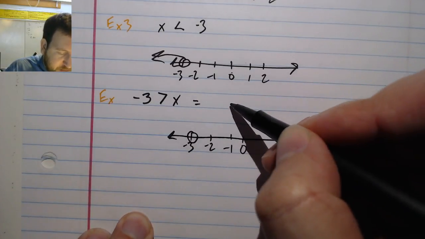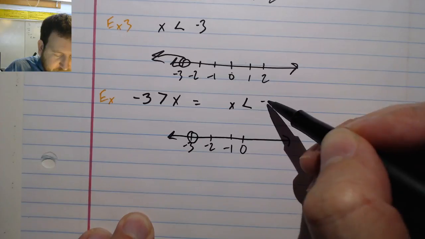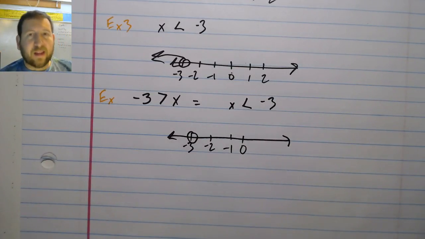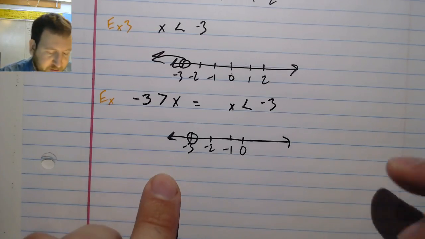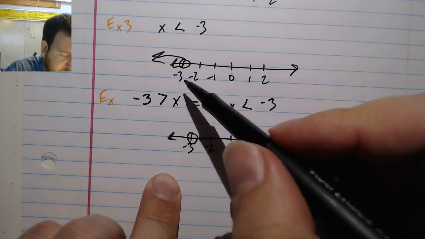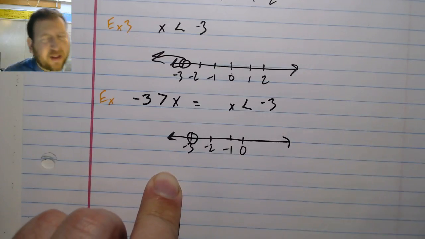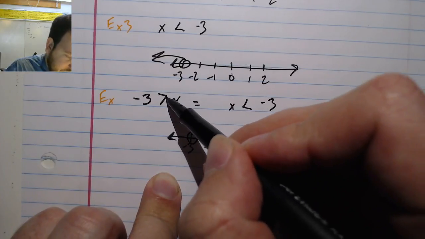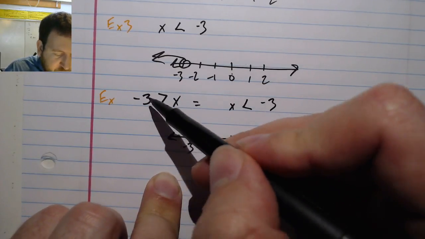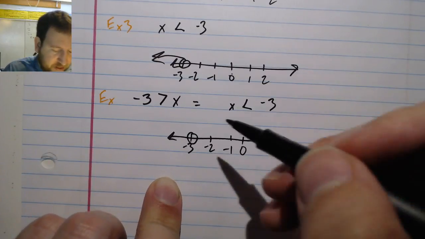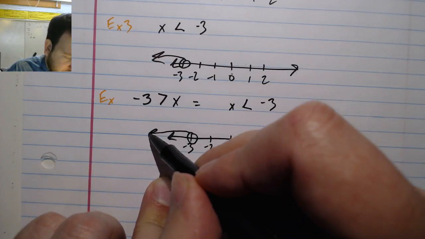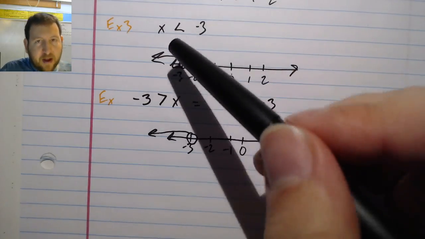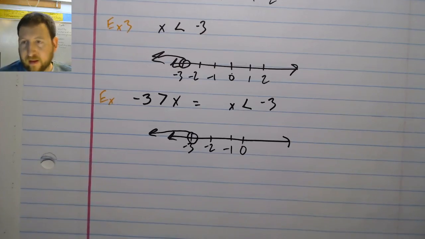So I can also write this as x is less than negative 3, because if I flip these two on both sides, the inequality has to be pointing the same direction. So this is still x is less than negative 3. And if I think about it, it kind of makes sense, because here I can read it backwards. X is less than negative 3. Negative 3 is greater than x. So that means everything less than negative 3 is the set of numbers that I'm looking for. So keep that in mind if I'm switching these signs. All right, good luck.